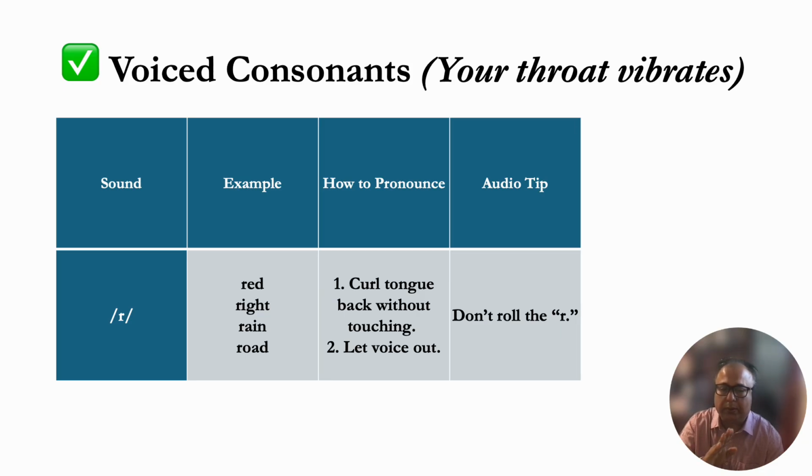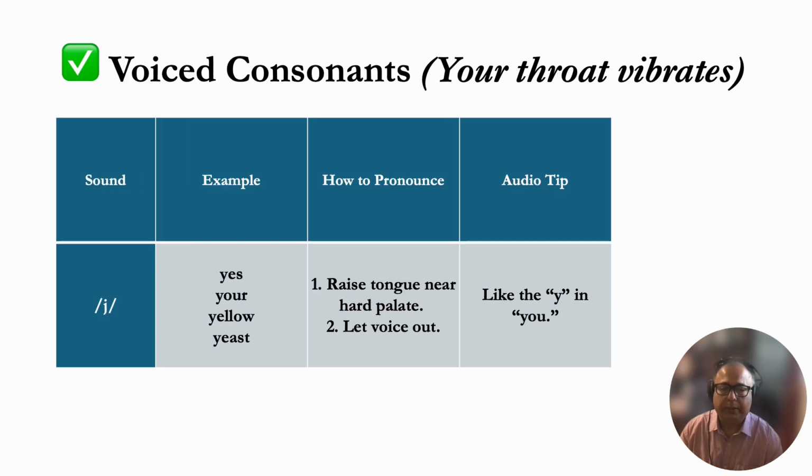All you need to do is go like this. Watch. If this is your tongue, make sure that it doesn't touch the roof of your mouth, and then you let voice out. So curl the tongue. Very good.